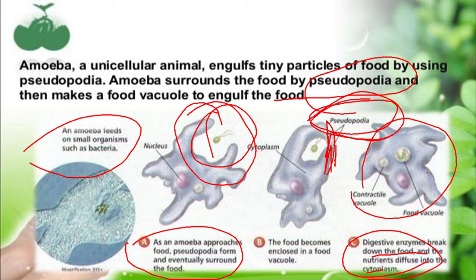An amoeba feeds on small organisms such as bacteria. And here is a main point when they ask for 5 marks for amoeba. As the amoeba approaches the food, the pseudopodia form and eventually surround the food, and the food becomes enclosed by a food vacuole, and the digestive enzymes break down the food, and then nutrients diffuse into the cytoplasm.